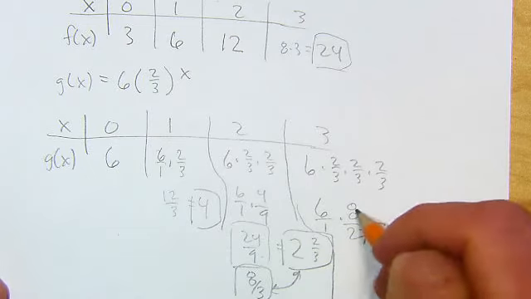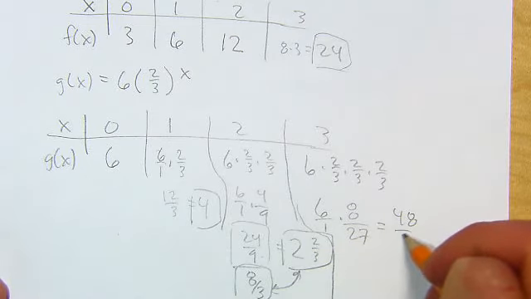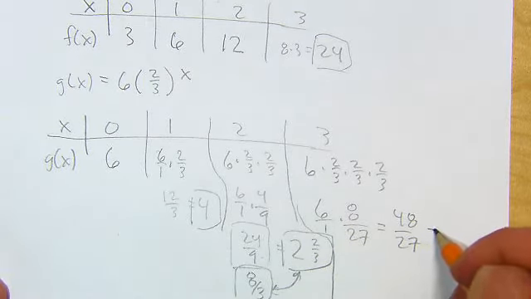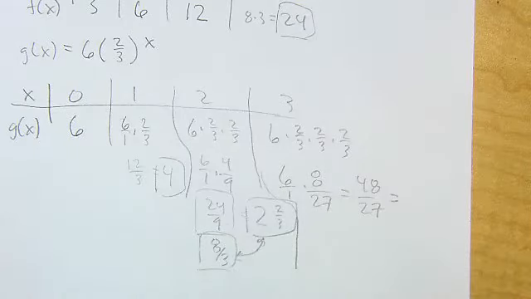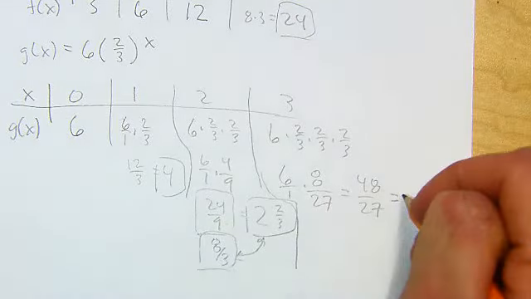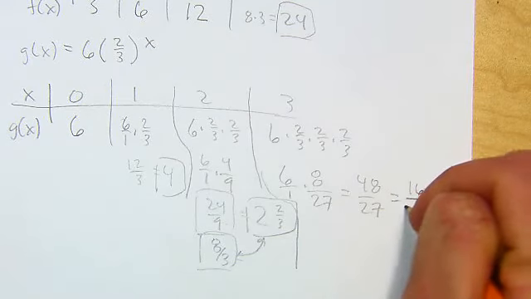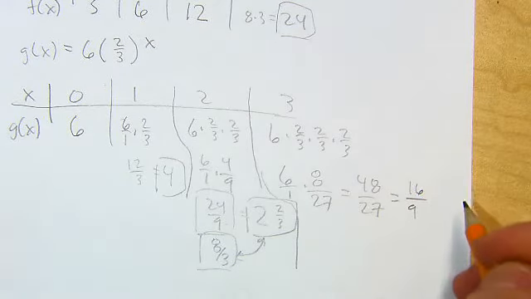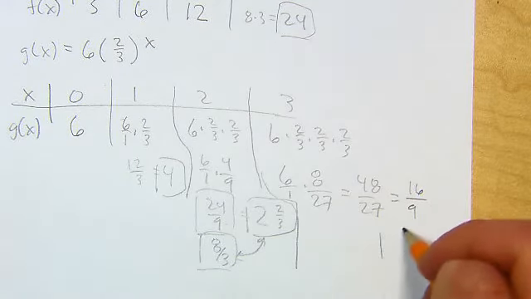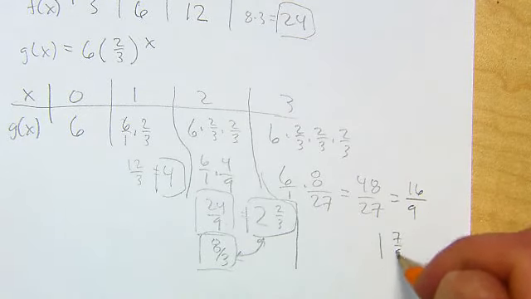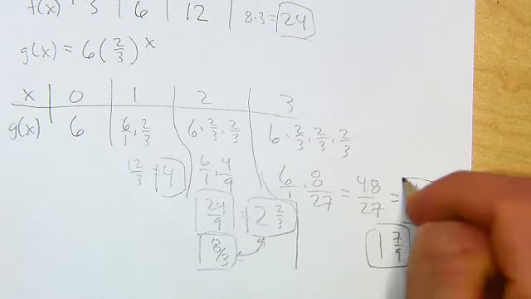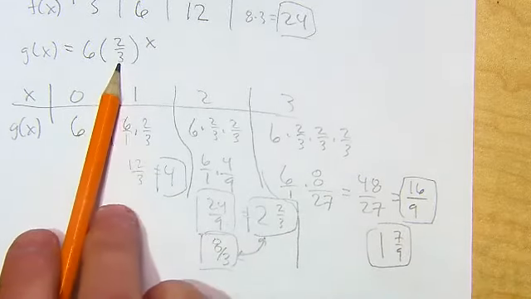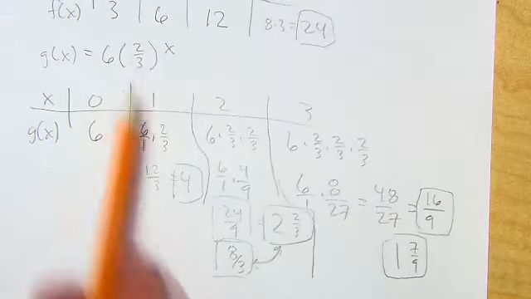So we're talking 48 over 27. So actually that reduces, I believe those divide by 3. 16 over 9. Or you could say 1 and what? 7/9. Okay. So a little tricky there with the fractions. You just got to multiply fractions. If you really want to change this to a decimal, that would be a different option.